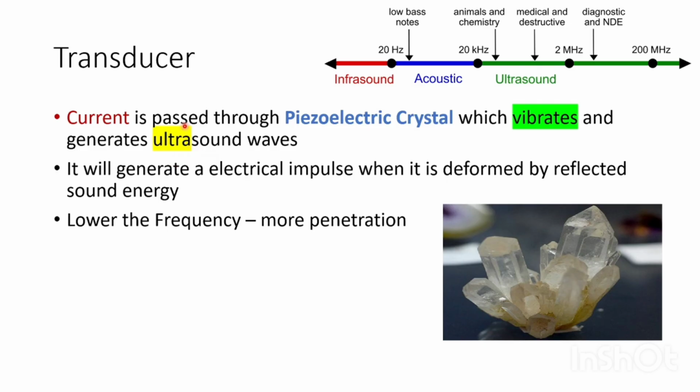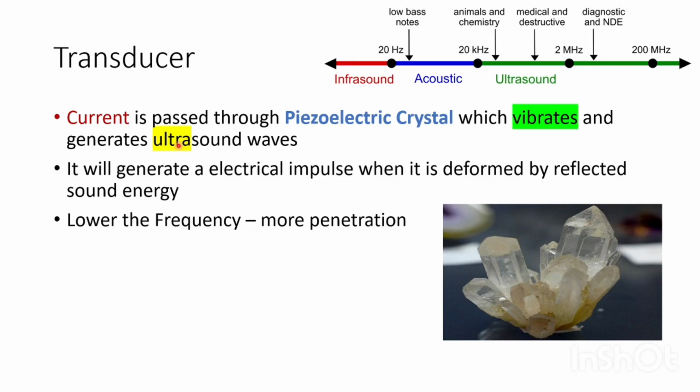These waves pass through the chest wall into the tissue, and when they strike the heart and myocardium, they are reflected back. The reflected sound wave is picked up by the transducer itself, and transformed into the image.